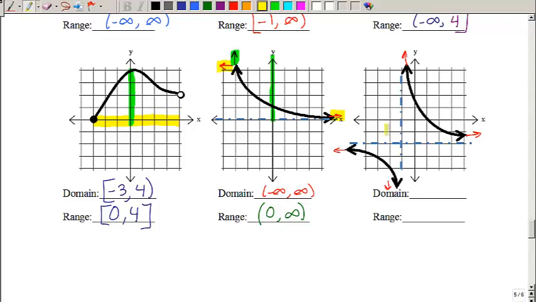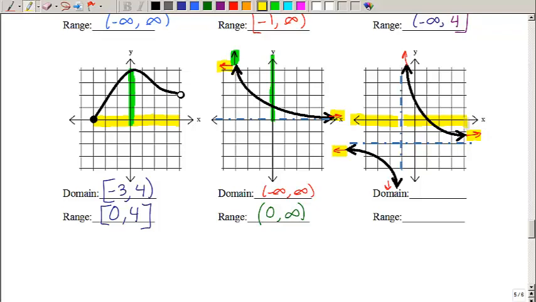When I'm looking for my domain, I'm looking how far left can I go, comma, how far right can I go. Although I have a problem here, because my two branches of my graph are separated by an asymptote. I can have all the values right up until my asymptote at -1, and then I can have all the values to the right of -1, but I'm not allowed to have a value at -1.